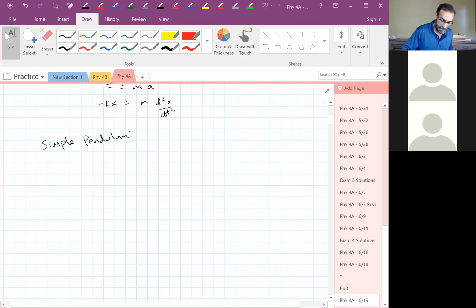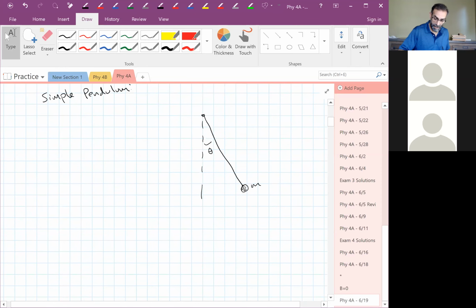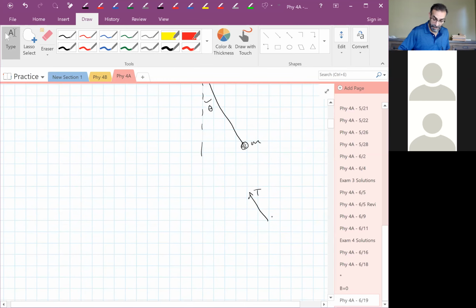If we draw out a simple pendulum, let's see what our free body diagram looks like. We've got tension. We've got gravity. I'm just going to put a dashed line here, because we want to split that up into the right coordinate system.